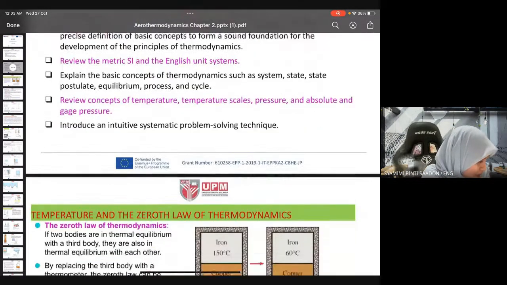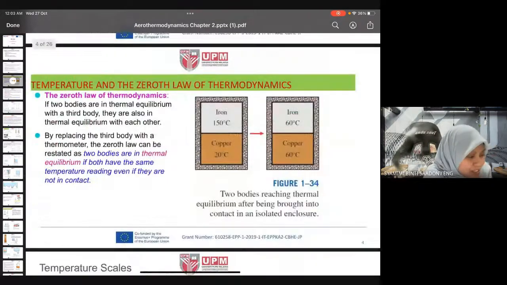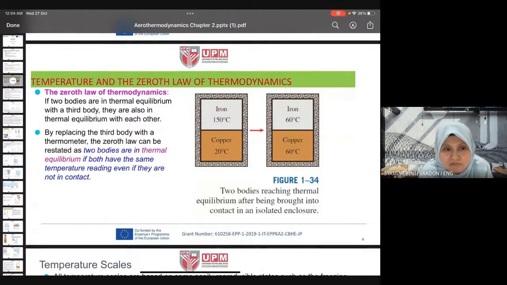Actually, this chapter is all about temperature and pressure. At least you have to understand these two properties first. Temperature and pressure are the most important properties.